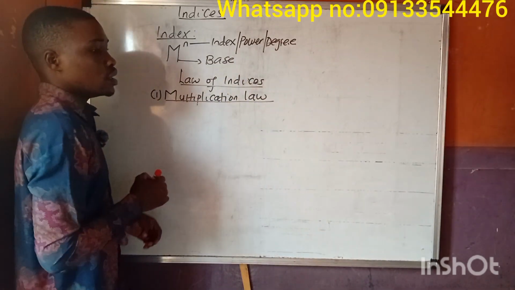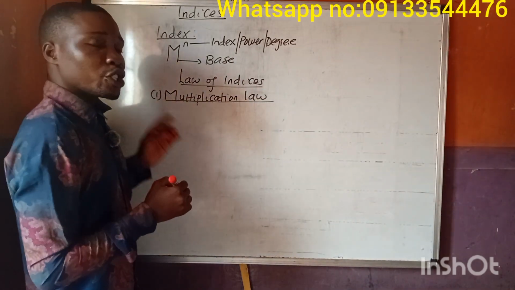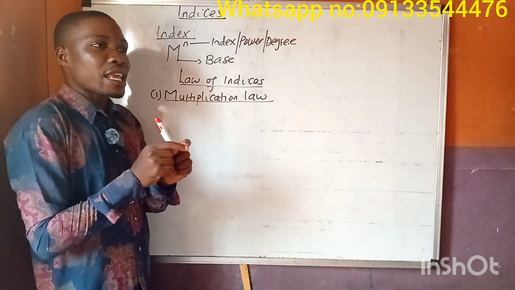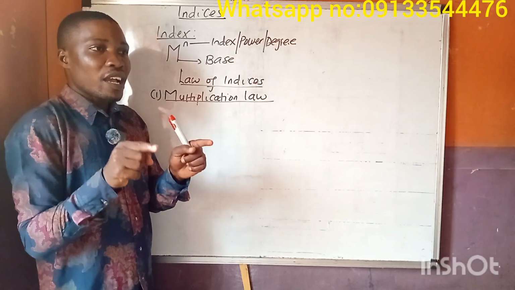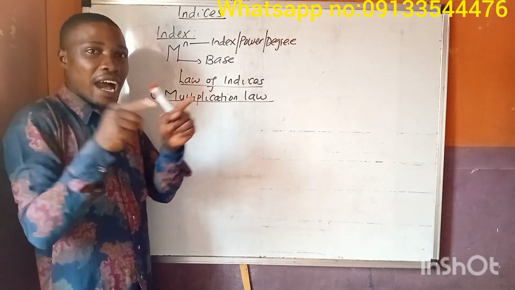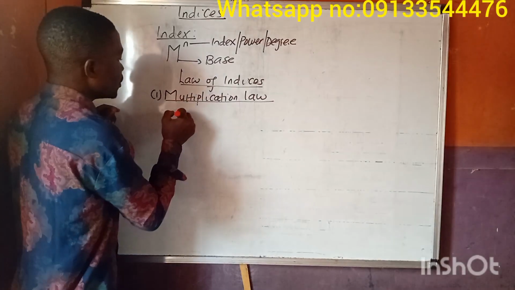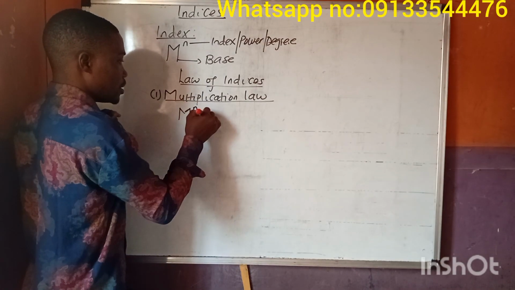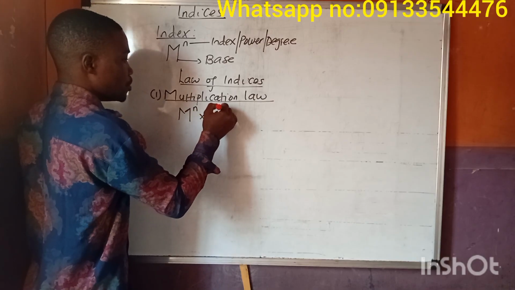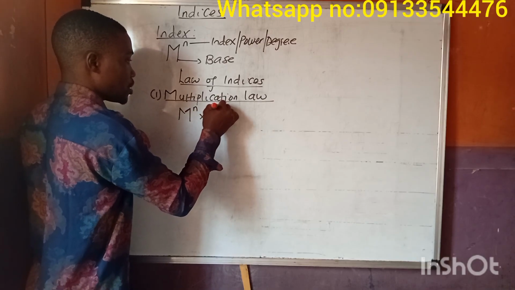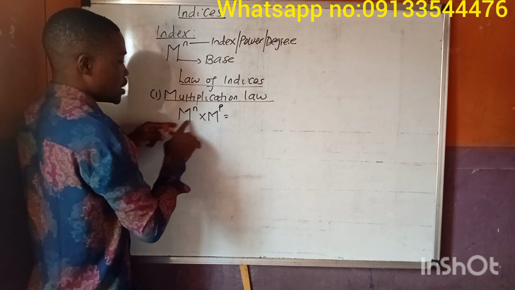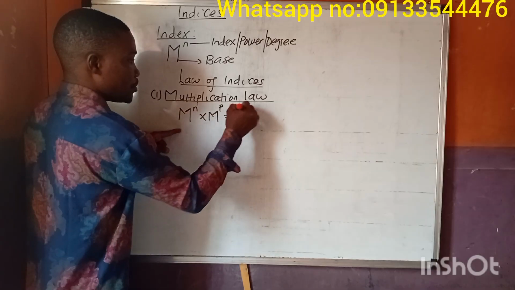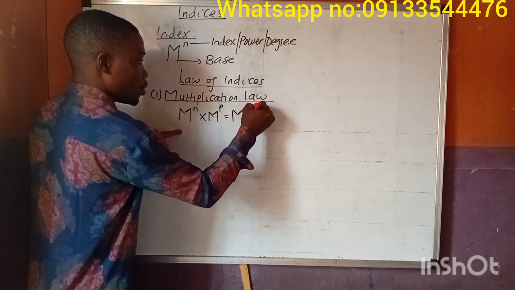Multiplication law is saying that once you are having the same base multiplying each other, then you can add the power. If you have m raised to power n times m raised to power, let's say, p, the law says that since the base are the same thing, you pick one out of the base, then you add the power. That will give you n plus p.